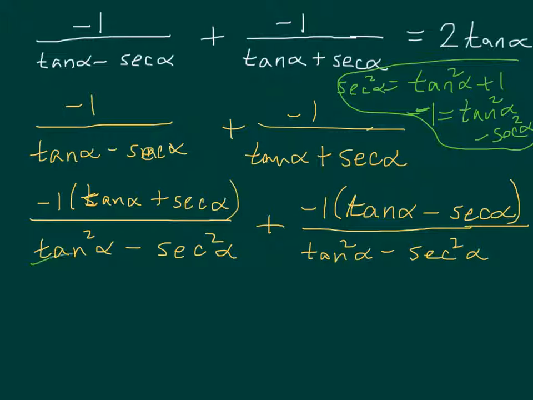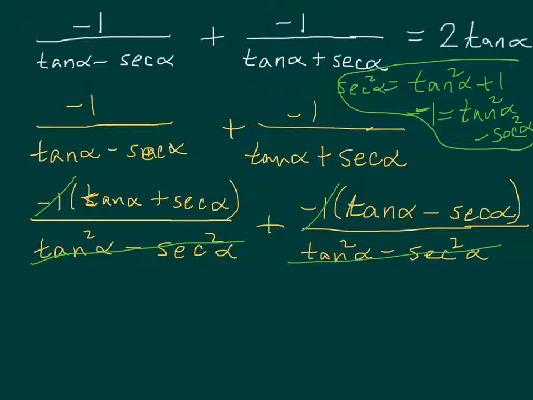So -1 is equivalent to our denominator here, tangent squared alpha minus secant squared alpha. So would it be okay with you to just get rid of the -1's? -1 divides out with the -1 that is equivalent to our denominator. So now what's left? Well, what we have left here is tangent alpha plus secant alpha plus tangent alpha minus secant alpha.